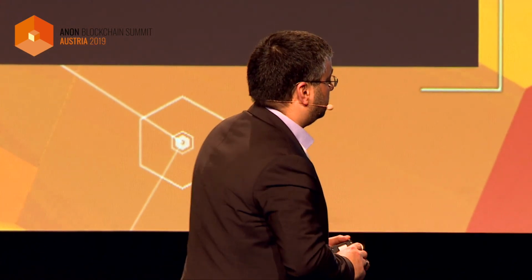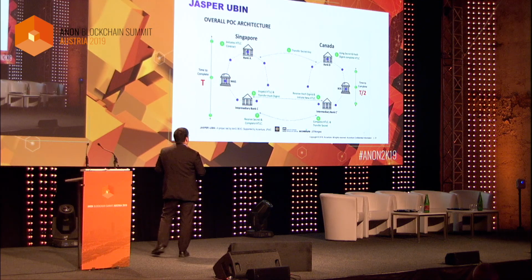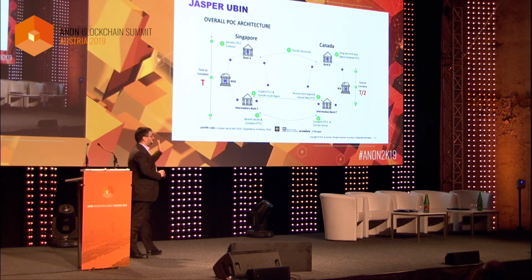And this is how it actually worked, right? At the end, we had, for those that may know, hash time lock contracts. Basically, we had Singapore and Canada moving money between the two using financial institutions, intermediary banks that are in the middle of it all. And we used the technology to enable the transfer from one institution to the next. The idea here is that this technology proved the point.